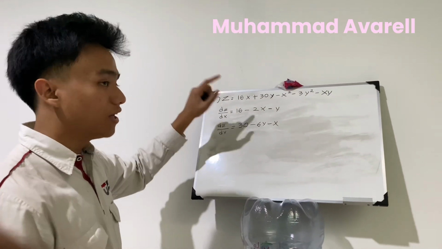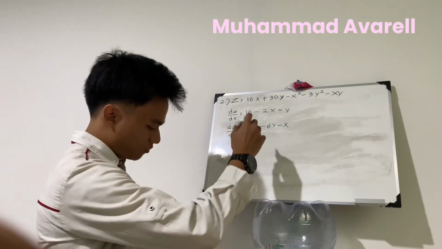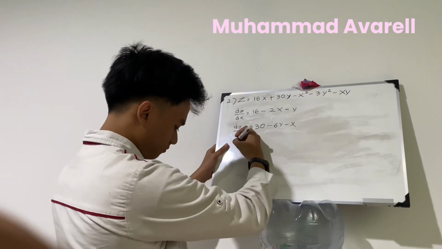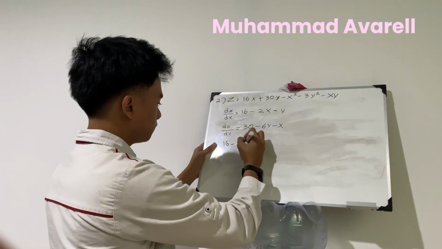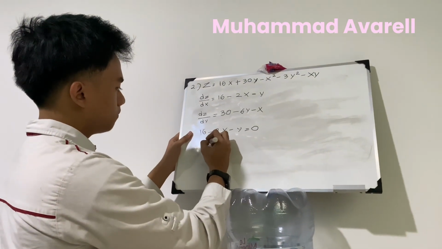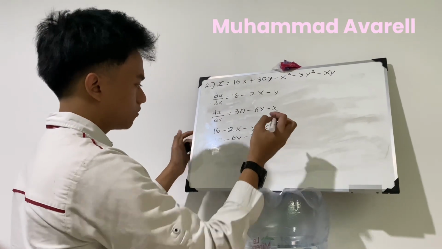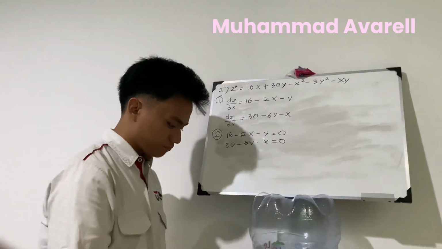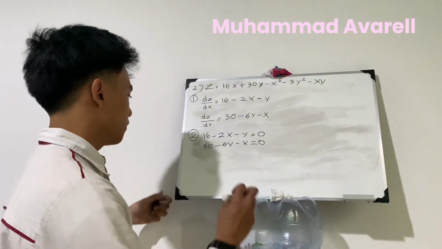So we must take the derivative, and then step 2 is we must set these derivatives equal to 0 like this. 16 minus 2x minus y equals 0, and 30 minus 6y minus x equals 0. This is the second step.